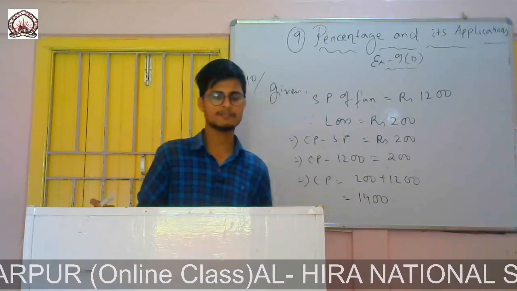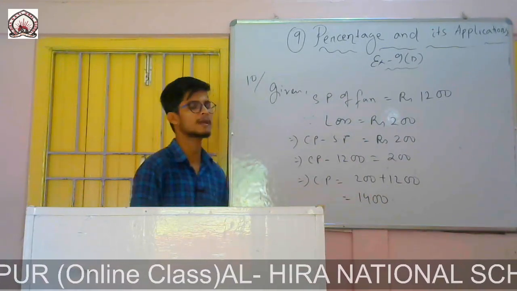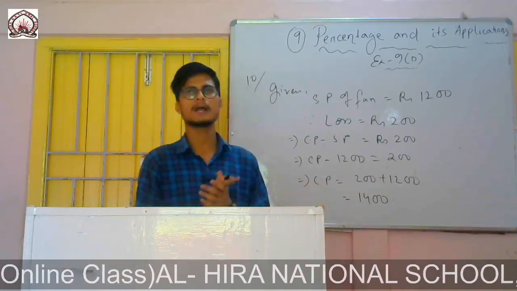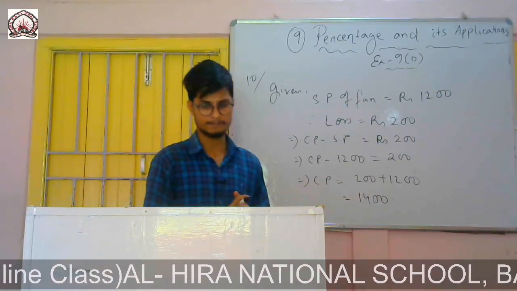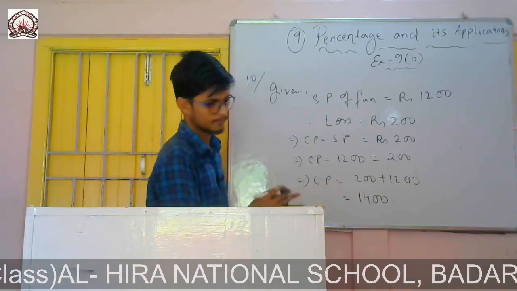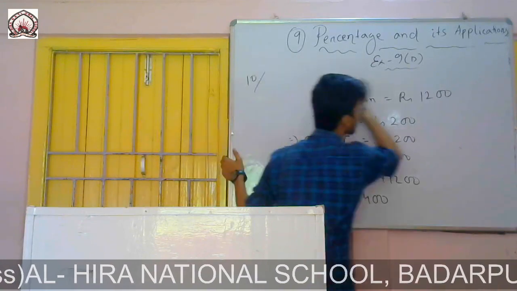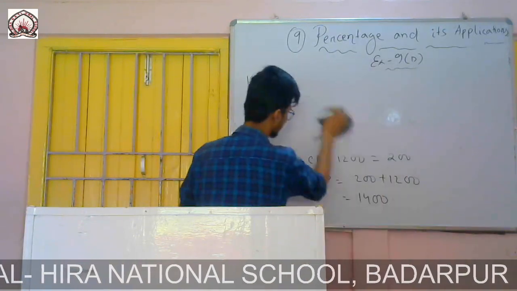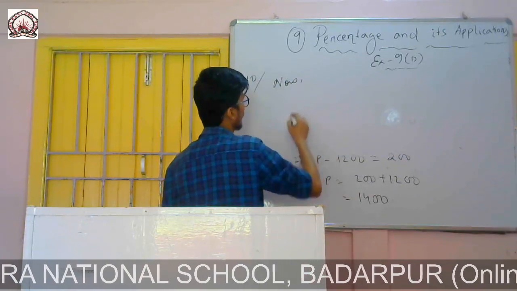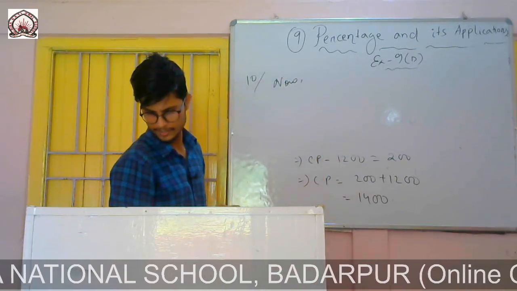So now at a gain of 10%, we can find the selling price. The selling price formula will be (100 plus gain percent) by 100 into CP. The question is to find at a gain of 10%.